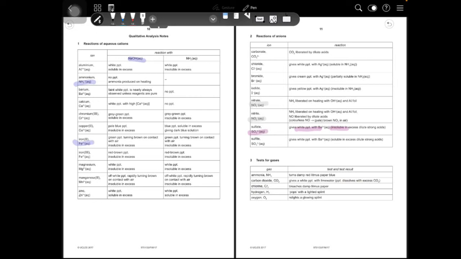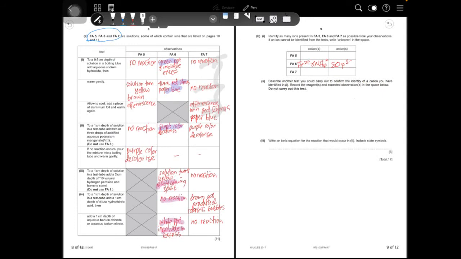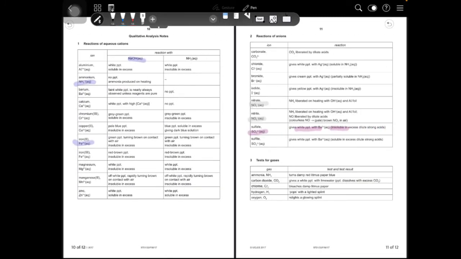To further test this anion, we react with hydrochloric acid, which produces a brown gas. This test actually confirms the nitrite ion because you can see pale brown nitrogen dioxide when reacted with hydrochloric acid.